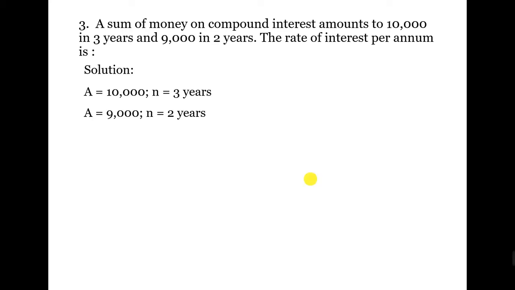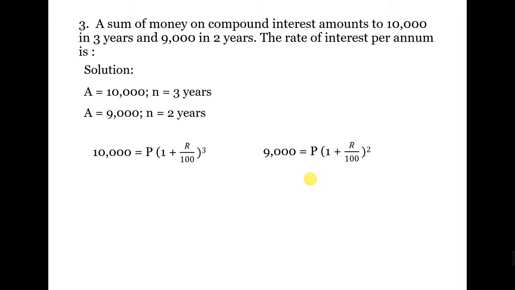We cannot directly use the formula to solve for the value of rate percentage because of the given values. We will first use the formula of rule number 1 and substitute the given values.